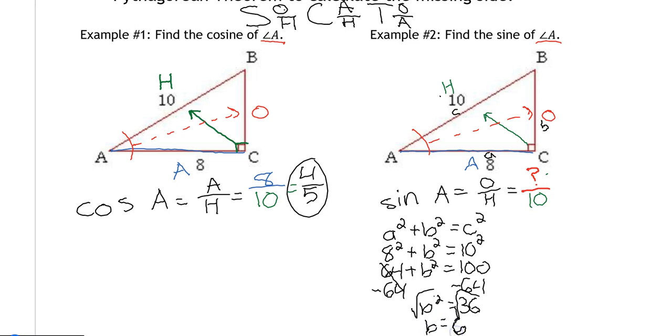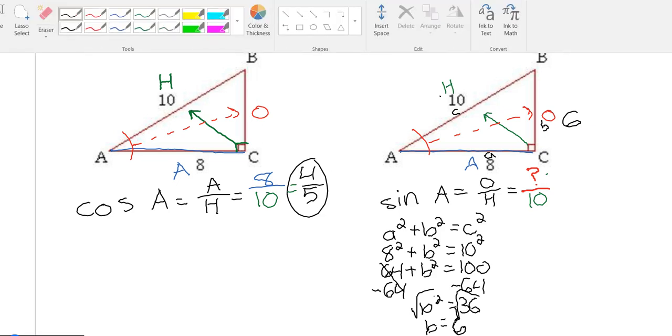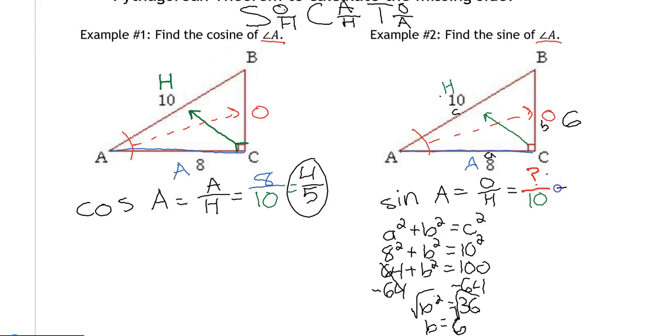So B equals 6. Now that I know what B is, it's 6 over 10, which reduces to 3 over 5. So this 6 that we found just goes into my missing side there.